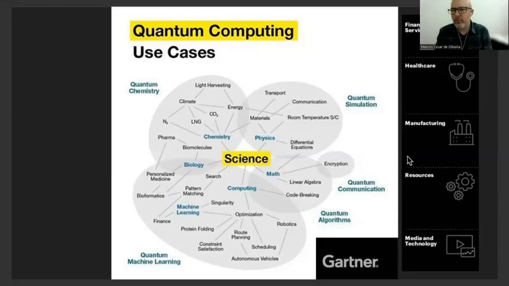So it doesn't avoid noise, but even with the noise present in these imperfect systems, we can do better things than the ones that we can do with classical computers.